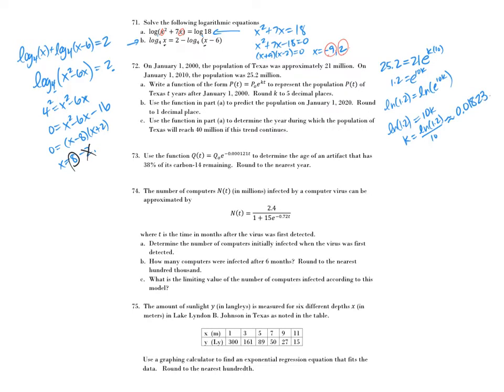So I haven't quite done what I was asked to yet. First, what I was asked to do is find P of t is equal to P naught, which is 21, e to the 0.01823 t. So that's my answer to part A. For part B, I want to predict the population in 2020, so I'm just going to plug in t equals 20.